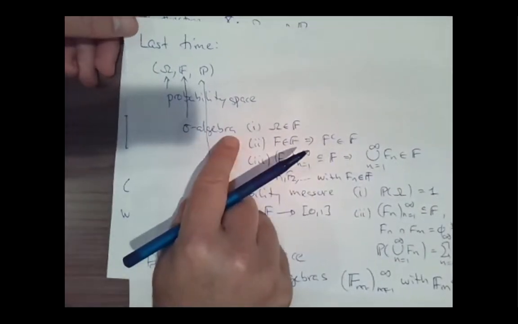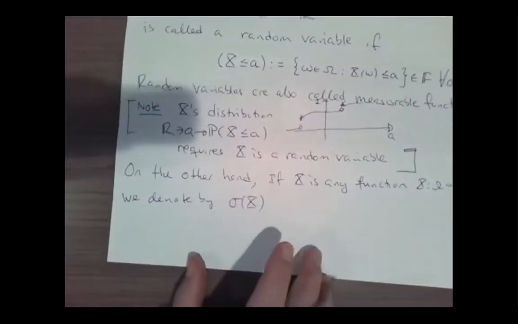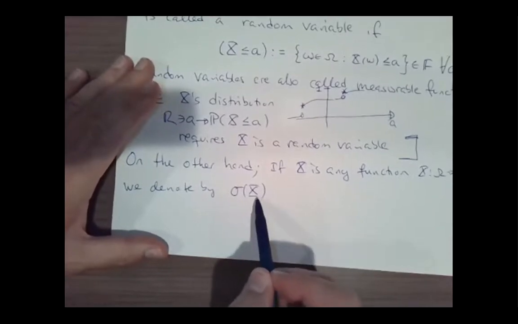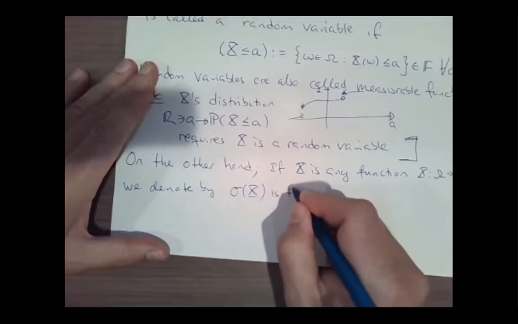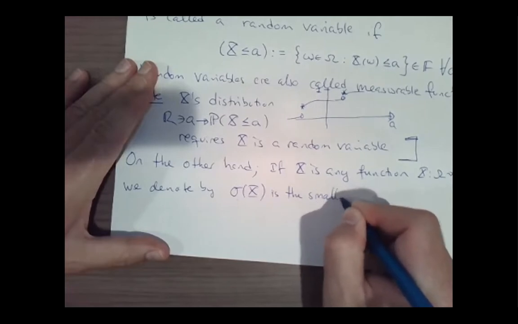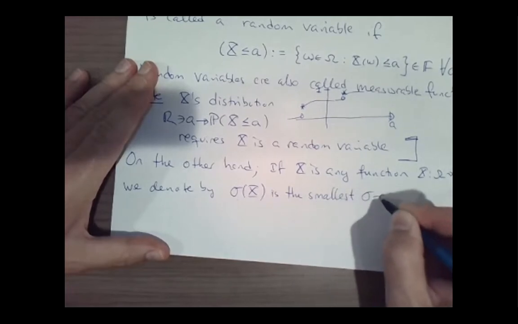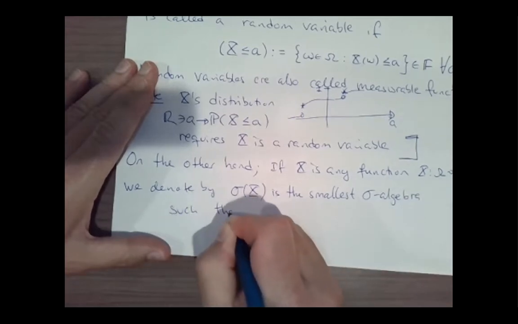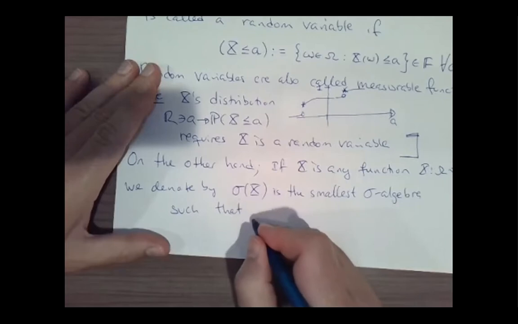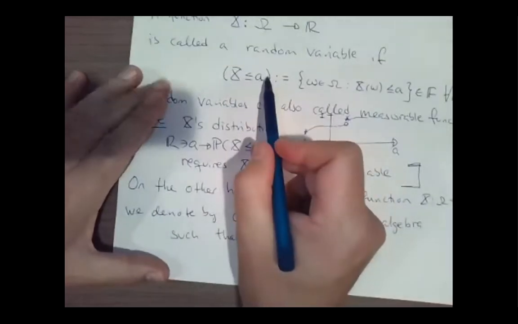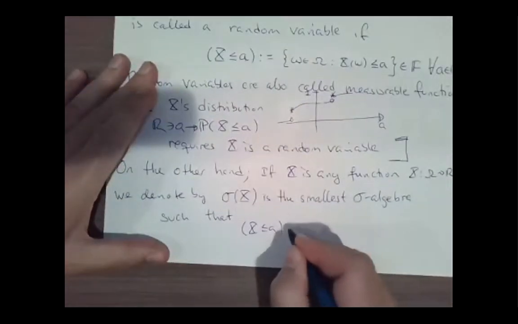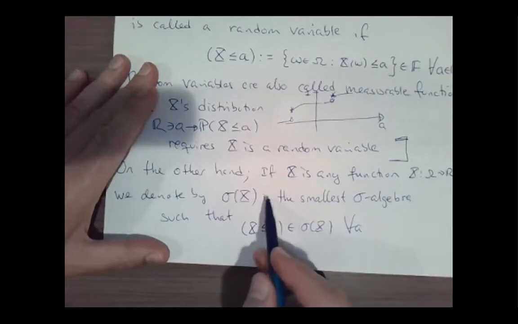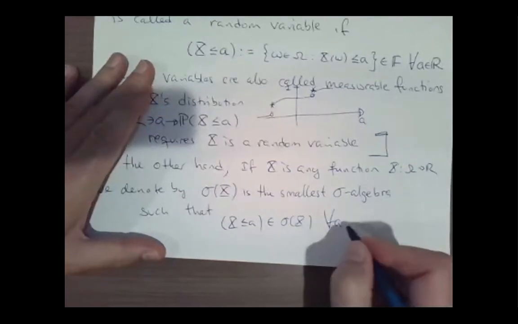Last time we looked at sigma of A, the sigma algebra generated by a set A. Now we're denoting by sigma of X the smallest sigma algebra such that X less than A belongs to sigma of X for any A in X's codomain.